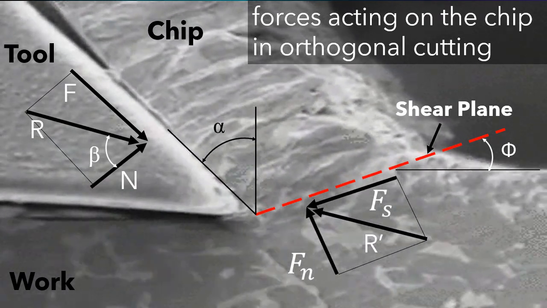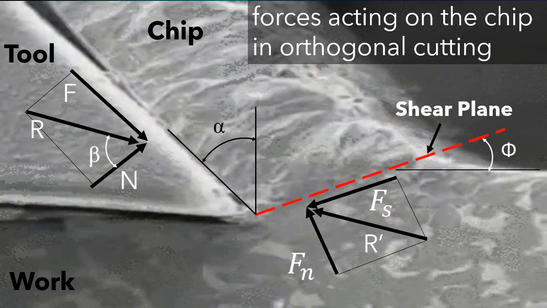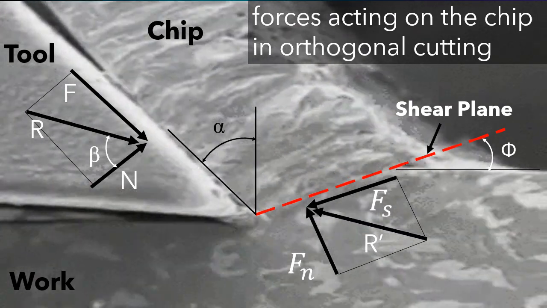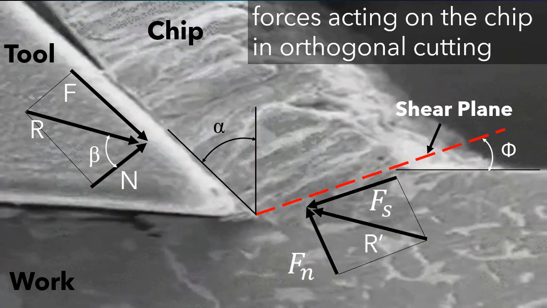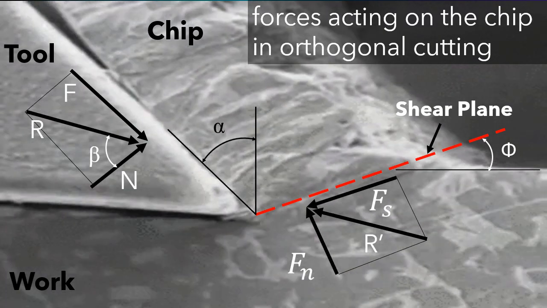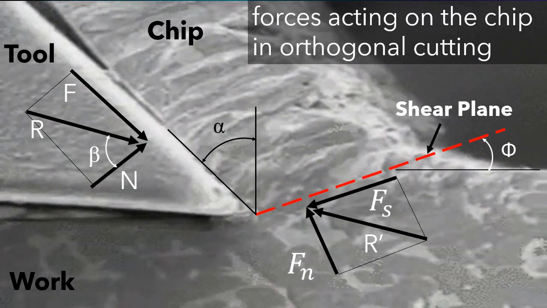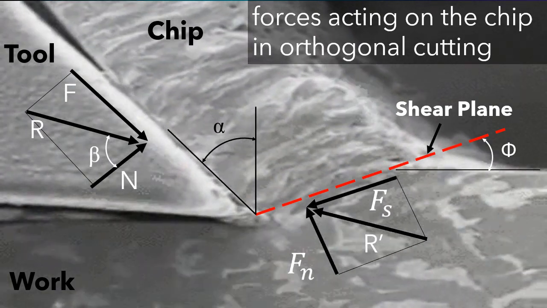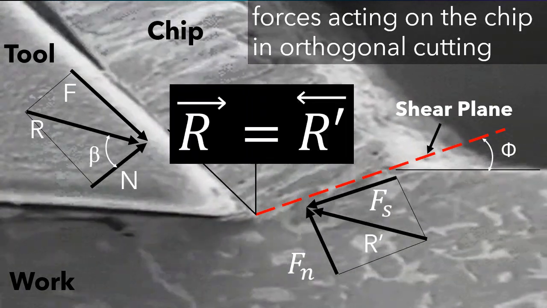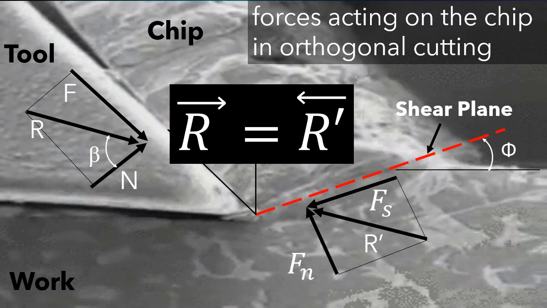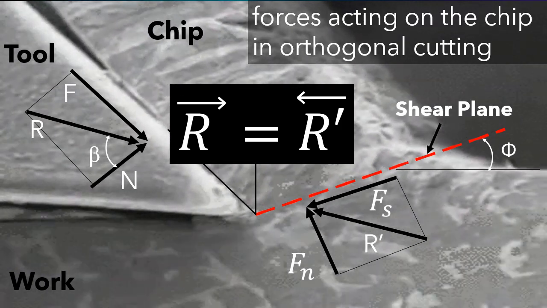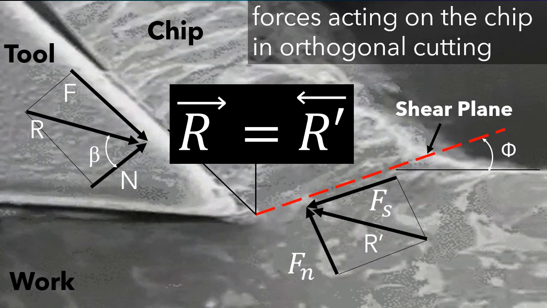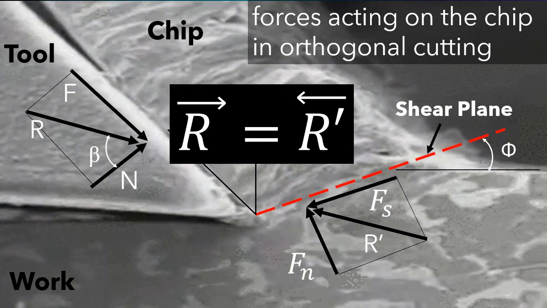The vector addition of these two forces yields the resultant force R prime. In order for the forces acting on the chip to be in balance, the resultants R prime and R must be equal in magnitude, opposite in direction, and collinear with the resultant R.